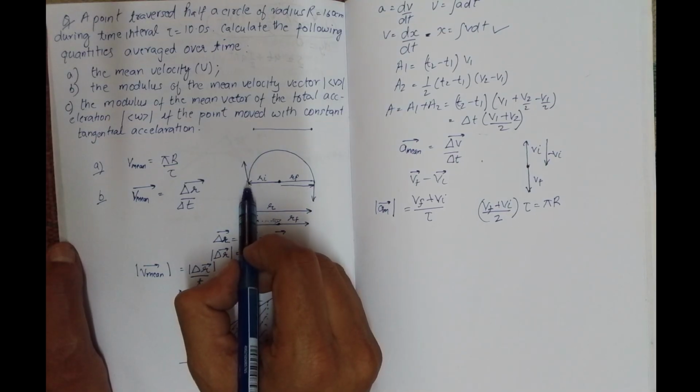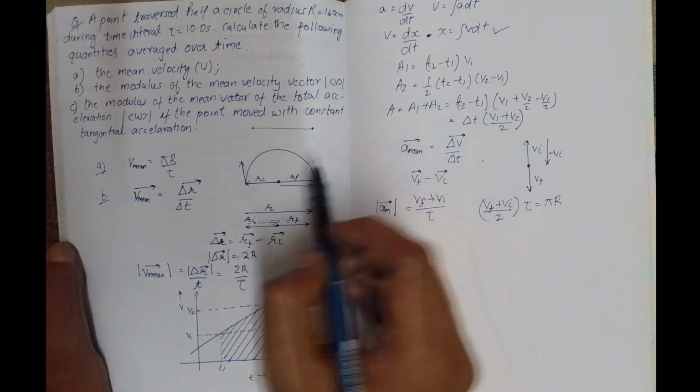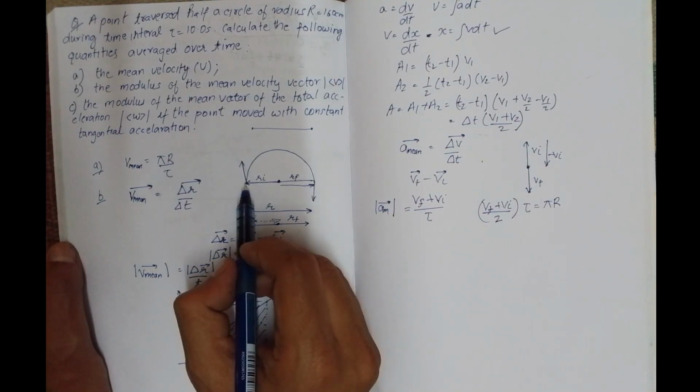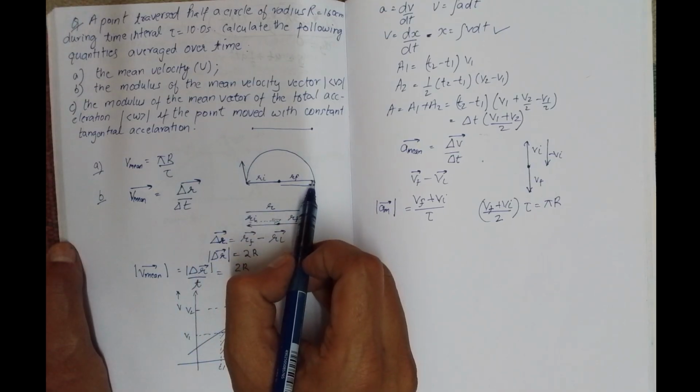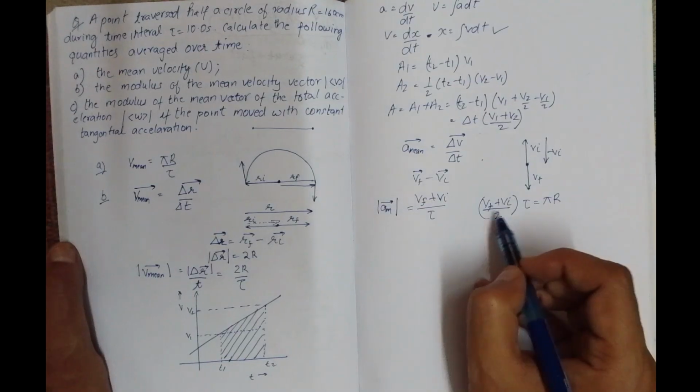Initial is VI, final is VF. So if we apply this, VF plus VI divided by 2 multiplied by the total time that the particle takes to go from here to here gives the total distance, which we know is equal to pi r.